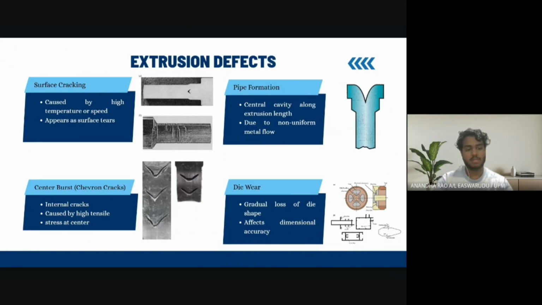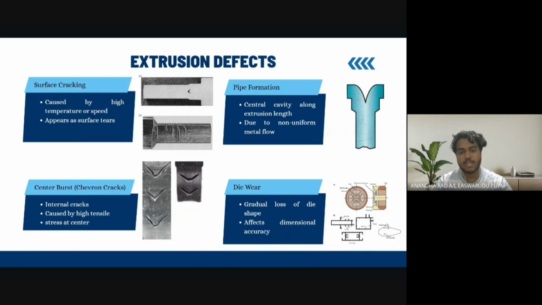Center burst, also known as chevron cracks, is an internal cracking defect caused by tensile stresses at the center. Die wear leads to dimensional inaccuracies over time. Most of these defects can be minimized by proper process control and die design.